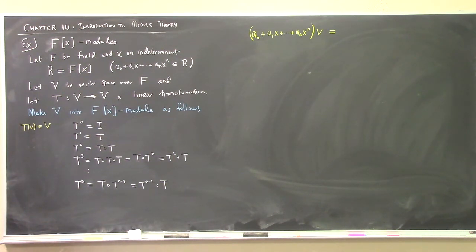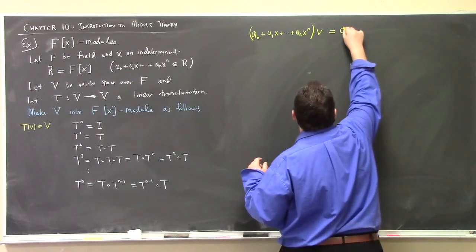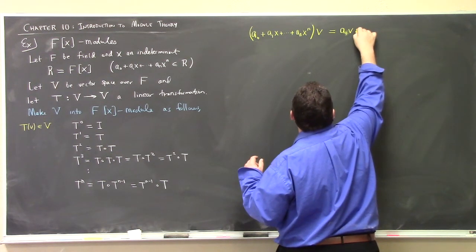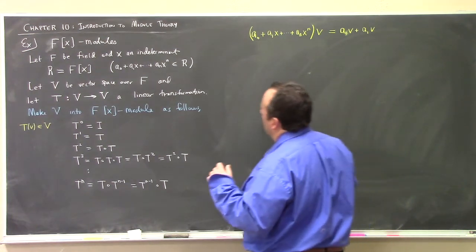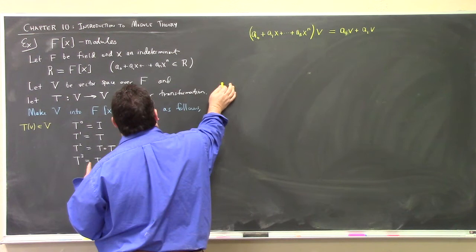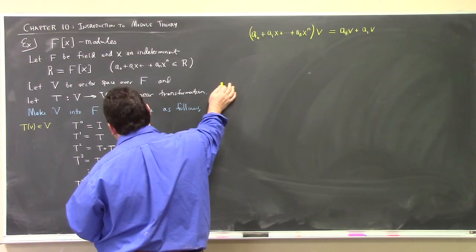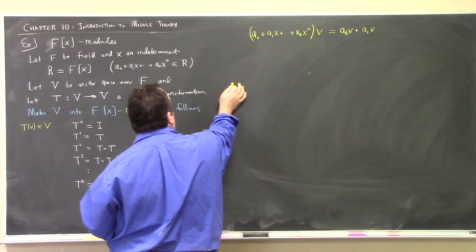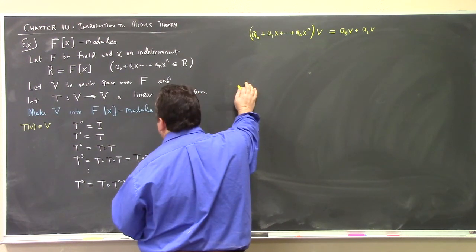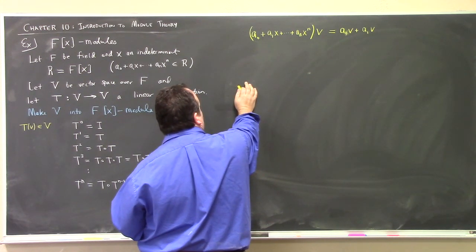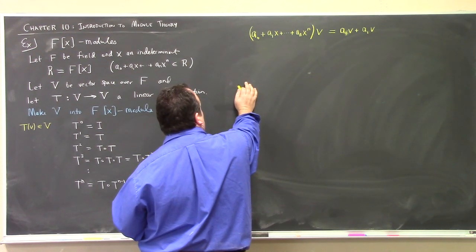So it'd be like a0 v plus a1 x v. Well, that won't necessarily be in V. So you're just going to change all the x's, putting a0 v plus a1 v plus and so on, plus an v? Huh.